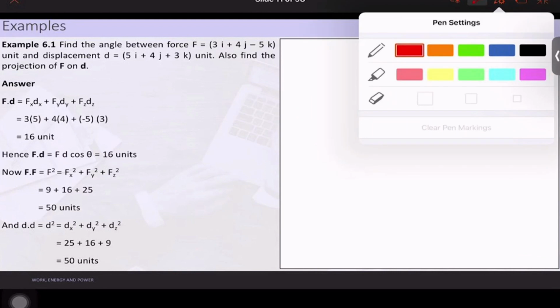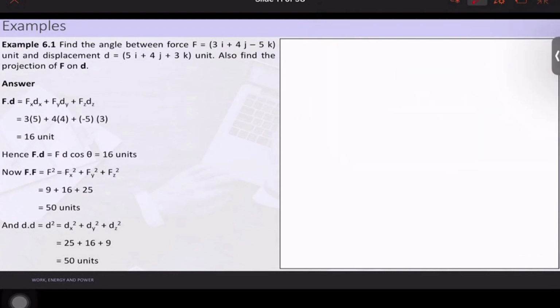Fine. So let us start understanding this question here. First of all, F is given to us as 3i cap plus 4j cap minus 5k cap, and displacement D is nothing but equal to 5i cap plus 4j cap plus 3k cap. Correct?